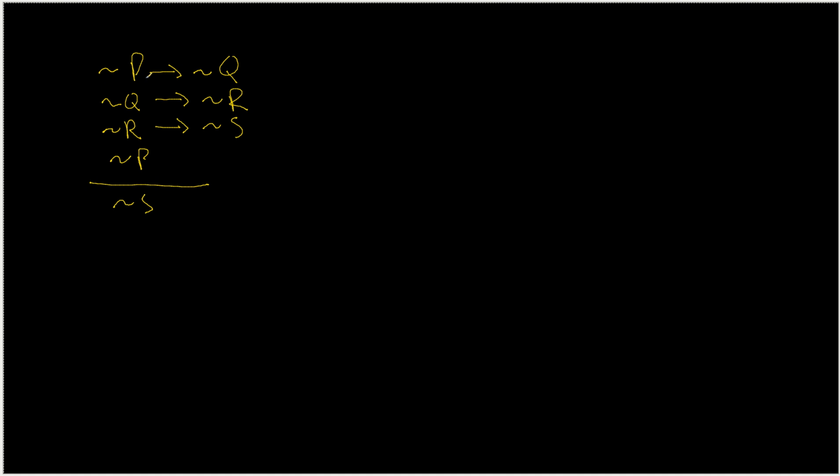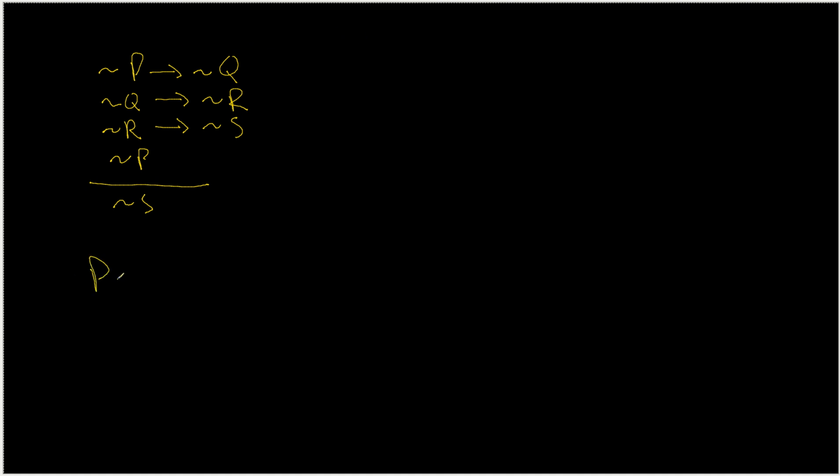So hopefully by this time you'll be thinking, all right, what if we take not P and we also take the first conditional. Remember the structure of having a conditional statement and the first part of the conditional statement, allowing you to conclude the second part. This structure is called modus ponens.